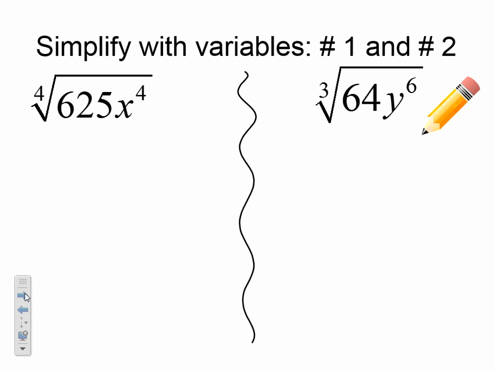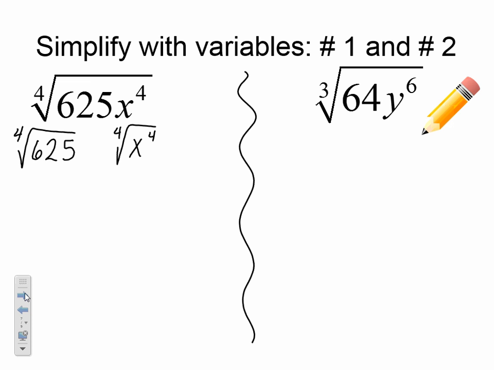First suggestion would be to think about these as two separate problems. Let's just deal with the number first. I have a fourth root of 625, and then I have a fourth root of the x stuff, the x to the fourth. What is the fourth root of 625? Well, let's look in our roots table, and that actually has a nice value.